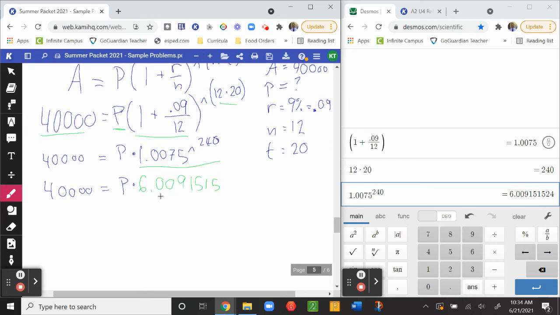Rewriting this doesn't seem very useful. I don't have an exponential equation anymore, so it doesn't make sense to rewrite it as a log. But I do see that I've got some multiplication that I can cancel. I want to get P alone, so I need to get rid of this number that's being multiplied. So I can divide by 6.00911515, and I balance on the other side.